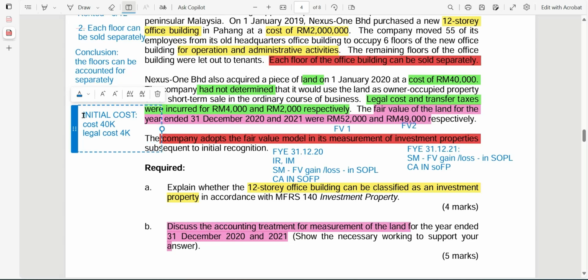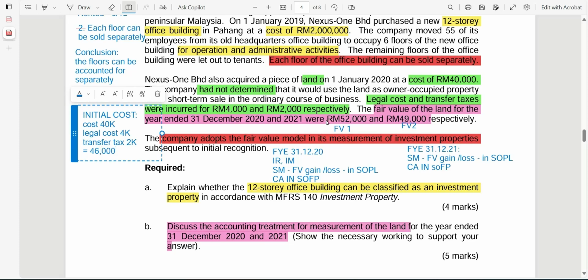And then you have the next one, which is transfer tax, and that transfer tax was 2 million. So therefore, your total initial cost will be 46,000, sorry, not million, 46,000.